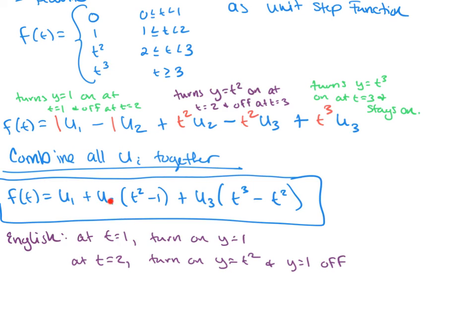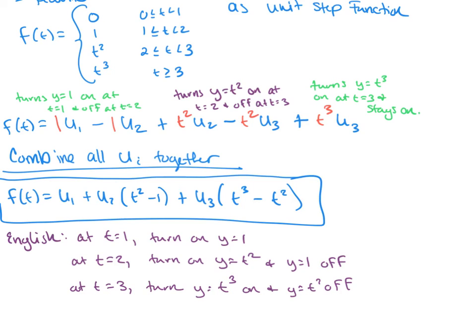And at t equals 3, turn t cubed on and y equals t squared off. So that's what that means in English.